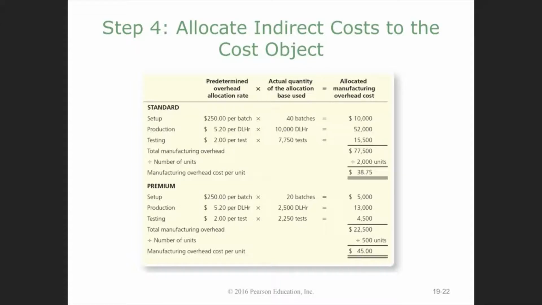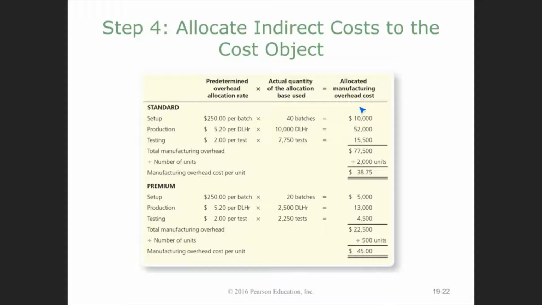So, allocating indirect cost to the cost object. This is a good slide to refer back to when performing some of your homework or practice problems. It helps to break down everything. It shows you the calculations.